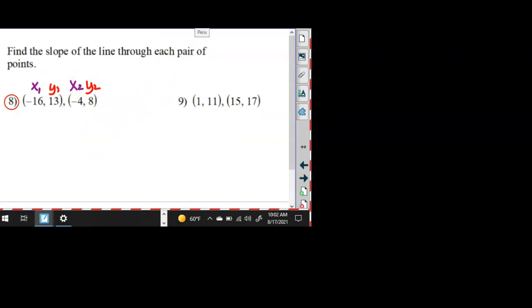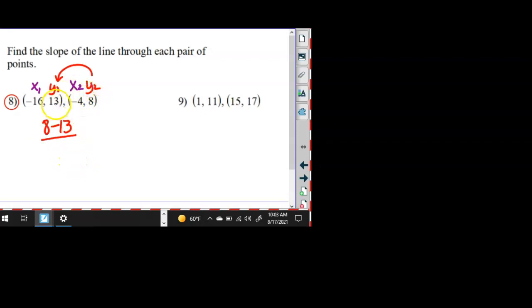Okay, but then to do change in y over change in x, we're going to subtract the y's here. So I'm going to do 8 minus 13. You could do 13 minus 8, but if you do that, then you have to do the x's in that same order.